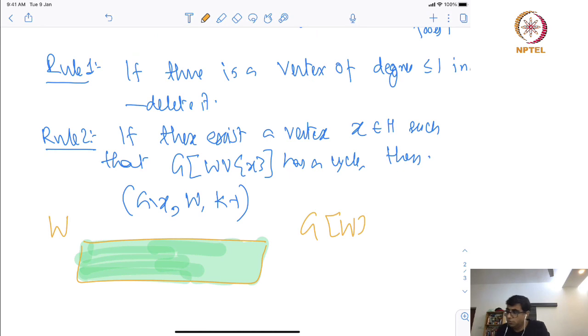This is exactly the way we have been doing it for the triangle case. If there is a cycle that contains exactly one vertex which is not in W, then we must pick that vertex.